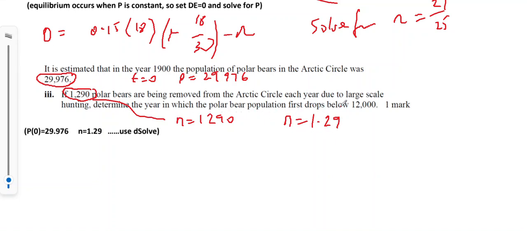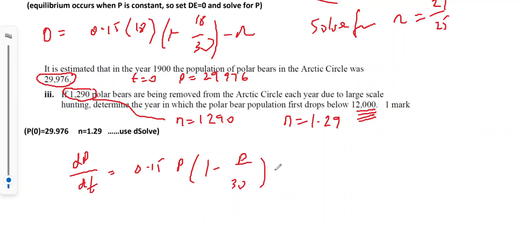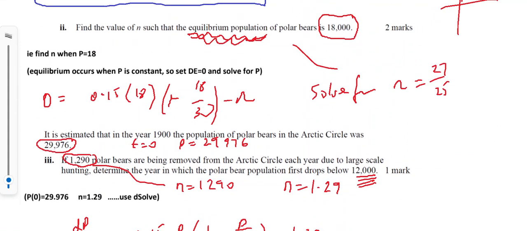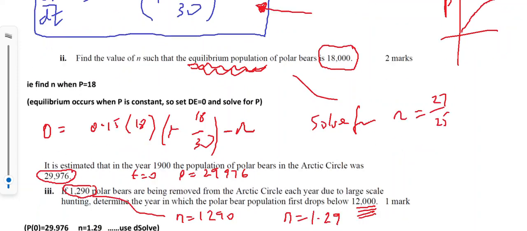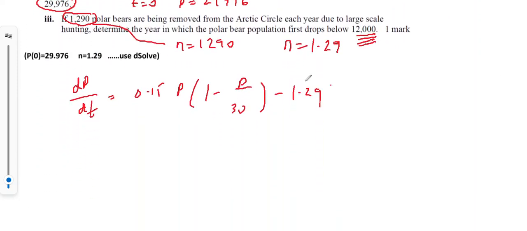Determine the year in which polar bears first drops below 12,000. So I'm going to have dp/dt equals 0.15p(1 - p/30) minus 1.29, because that is my general rule for when I remove a set number of polar bears each year. And what I'd like to then do is put this on my dsolve.